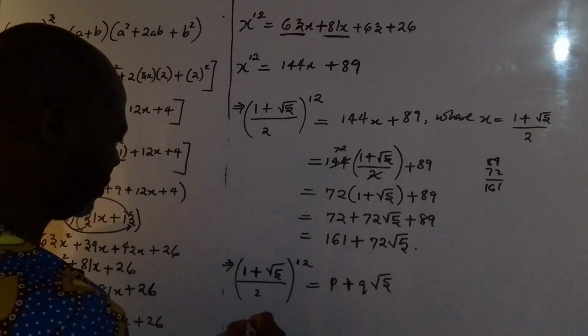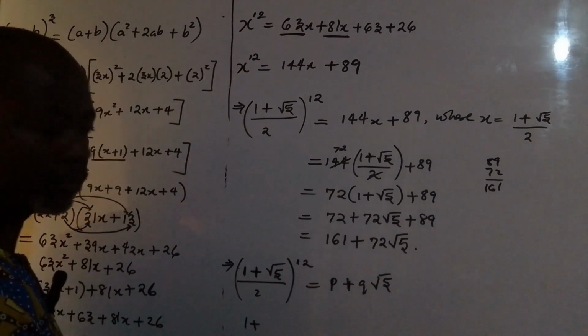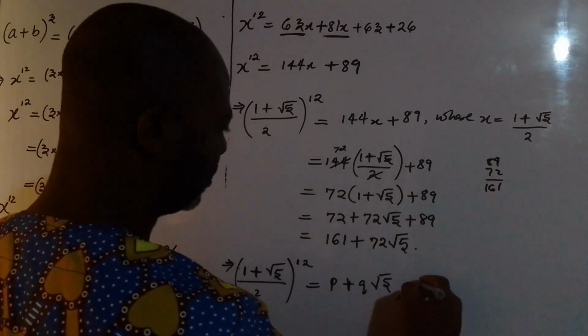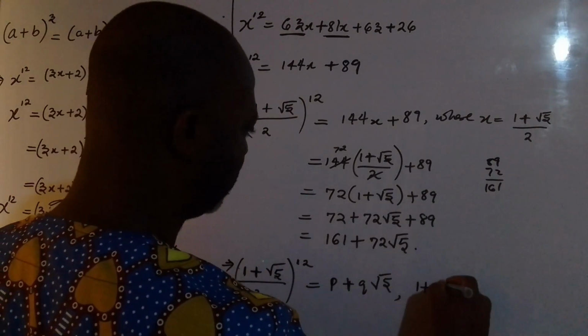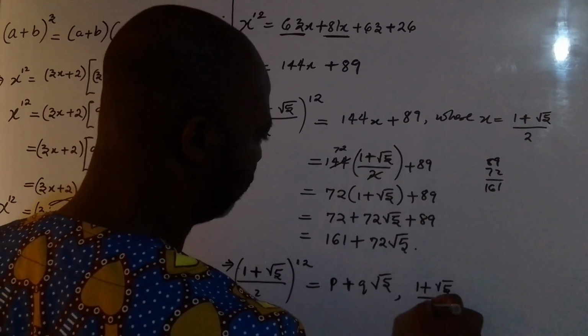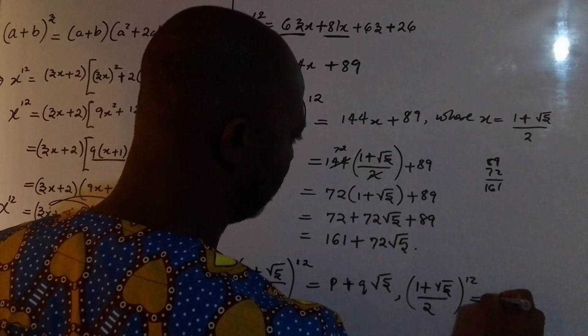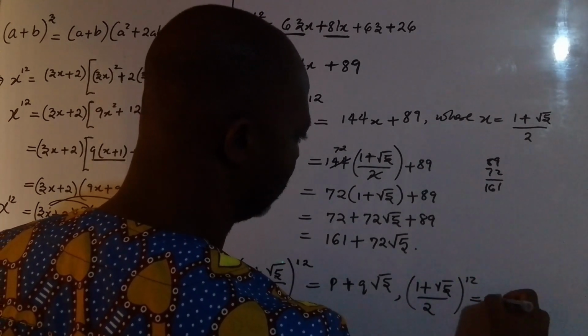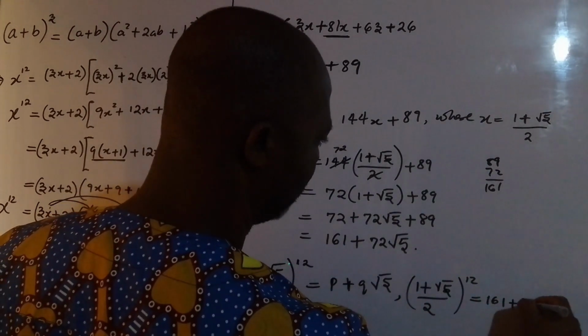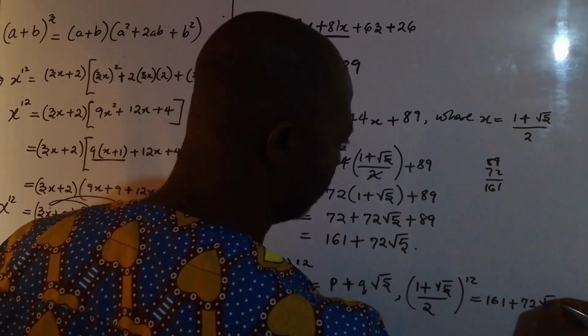And we also have that ((1 + root 5) over 2) to the power of 12 is now equal to 161 + 72 root 5.